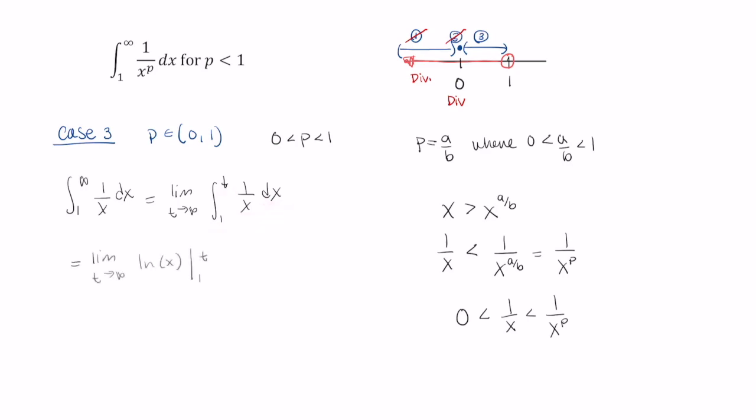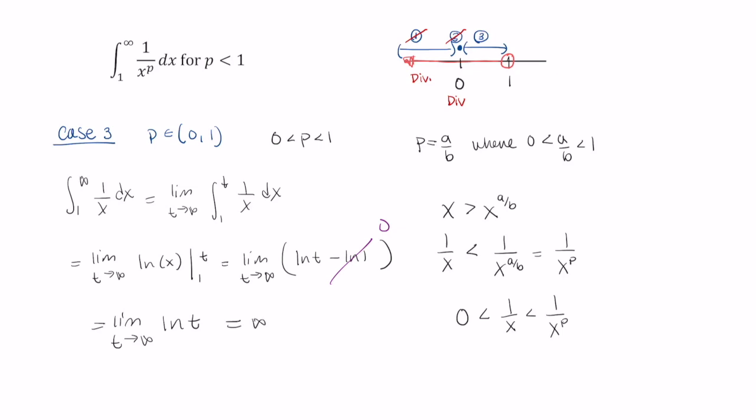Integrating yields the natural log of x evaluated from 1 to t. This is the limit as t approaches infinity of the natural log of t minus the natural log of 1. The natural log of 1 is just 0, so this is the limit as t approaches infinity of the natural log of t, which is infinity.